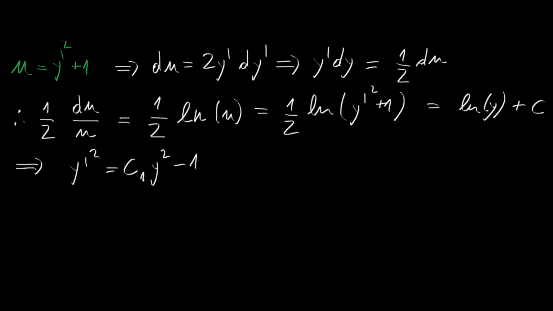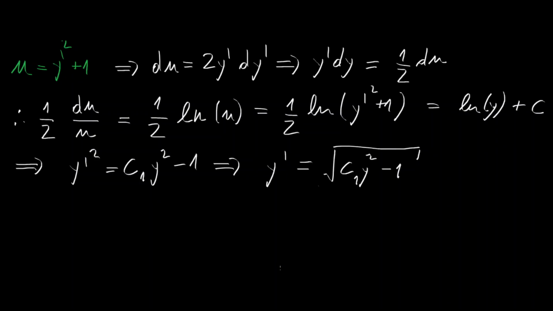So we can again integrate this new equation, and we can reach the following conclusion. This is just simply y prime equal to the square root of c1 y square minus 1.